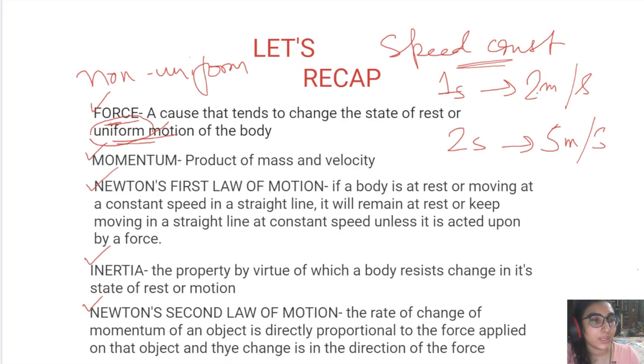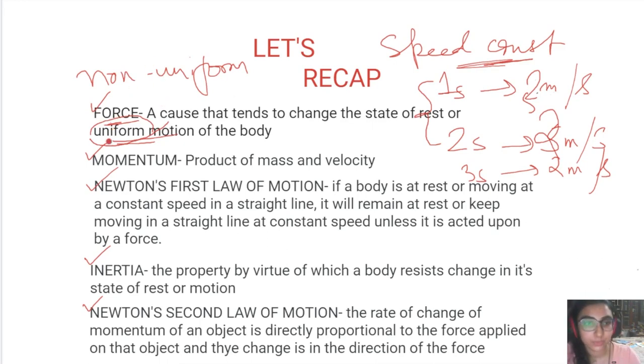Anyway, this means that it is not uniform, because if it was a uniform motion, then after 2 seconds also it would be 2 meters per second, after 3 seconds also the car would have gone at 2 meters per second. But since it is not happening, the speed is not constant, it is accelerating, so it is non-uniform.